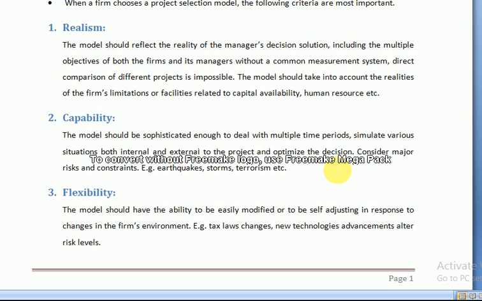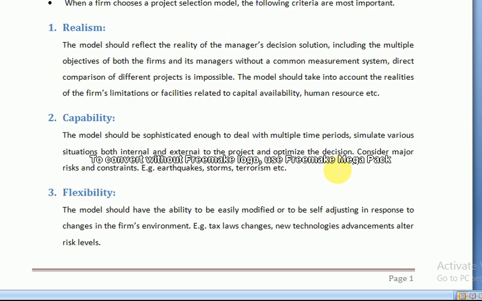That is impossible. The model should take into account the reality of the firm's limitations, the facilities related to capital availability and human resources, etc.